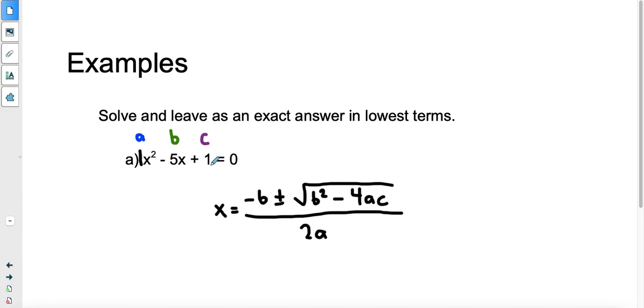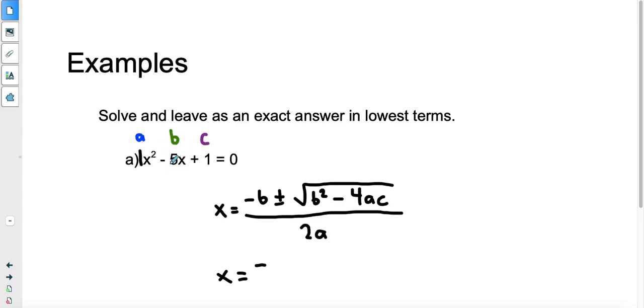So now, all I have to do is plug these numbers into my quadratic formula and then simplify my expression to get my final answer. So let's do that. Okay, to start off with, I have negative b.